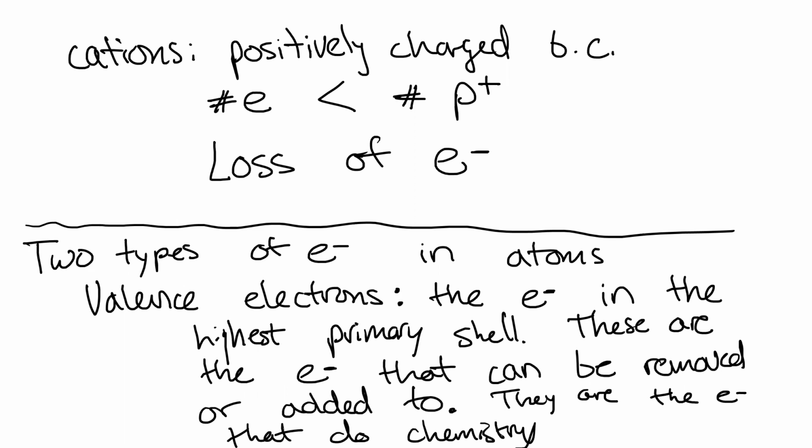So valence electrons do stuff. If you're not a valence electron, you don't do stuff. You get to be lazy. Okay? Not really, but you get the idea. Electrons don't have feelings or ideas or thoughts that I know of. Don't tell them that.